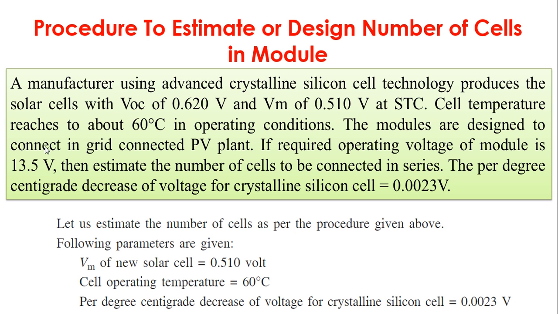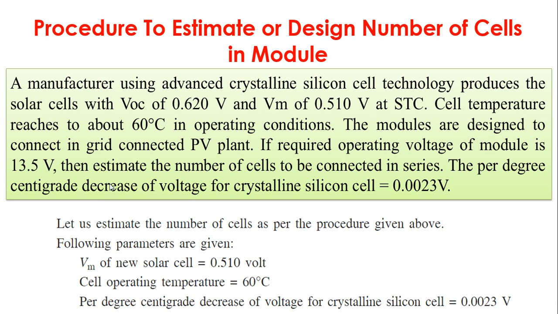The modules are designed for the grid connection of a PV plant. If the required operating voltage of the module is 13.5 volt, then we are going to estimate the number of cells connected in series for this module.